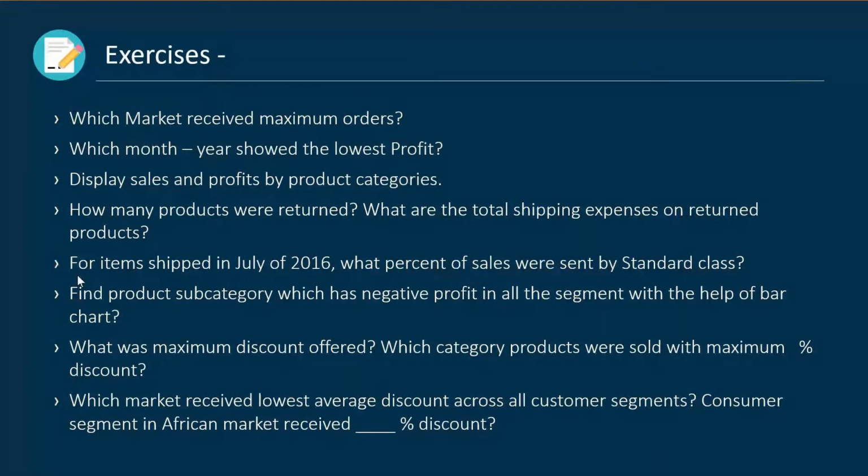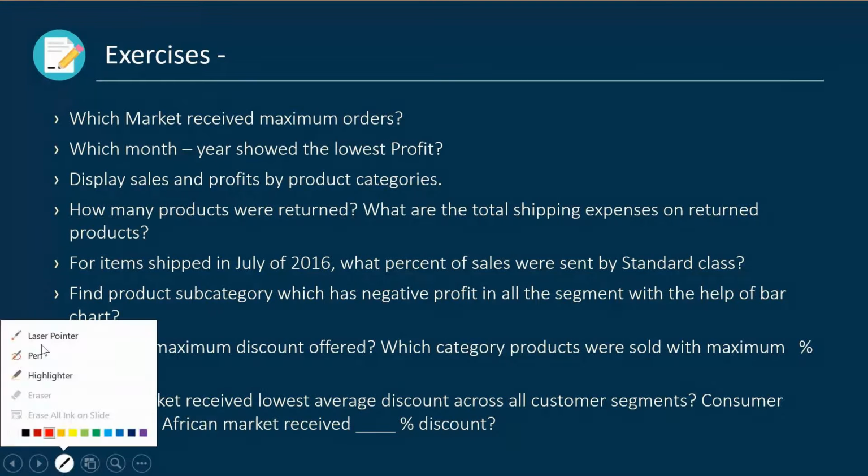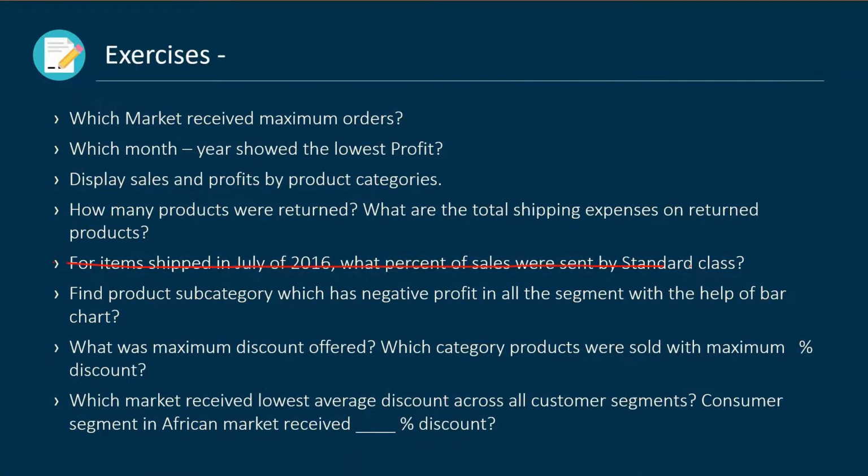For items shipped in July 2016, what percent of sales were sent by standard class? Okay, so this question we will slightly modify because we have not learned a couple of things in this. Okay, forget this one. Just don't solve this one and go for the next.